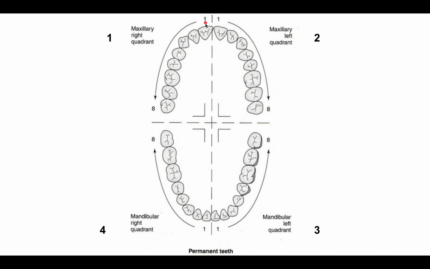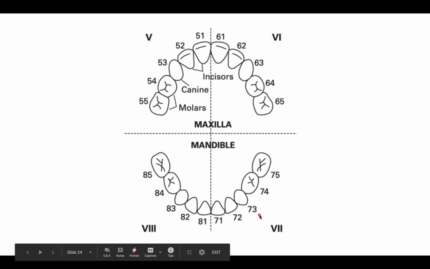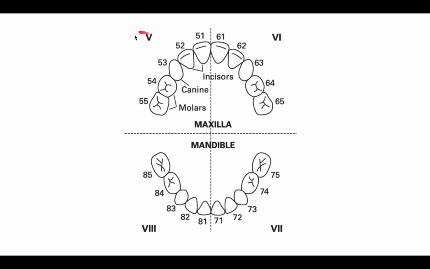In the primary dentition, the maxillary right quadrant is quadrant 5. And again, we go in a clockwise direction when numbering quadrants, where the maxillary left is quadrant 6, and then quadrant 7 and 8 as we move on to the mandibular region. In this photo, the numbers are in Roman numerals, but they mean the same thing.